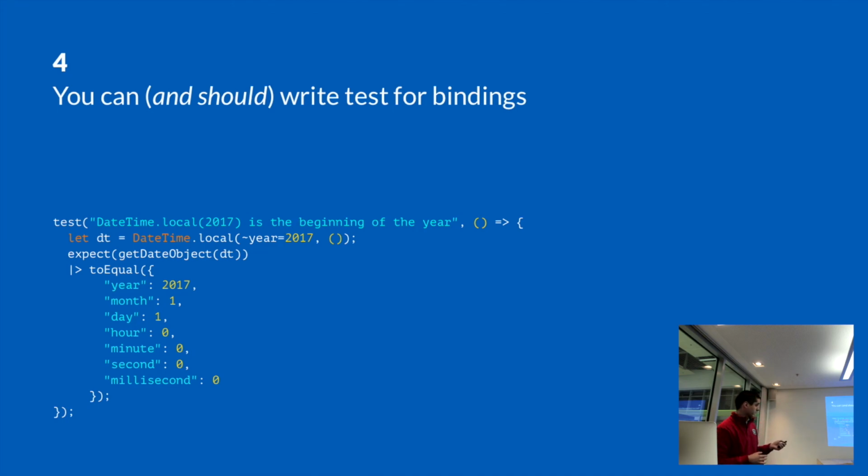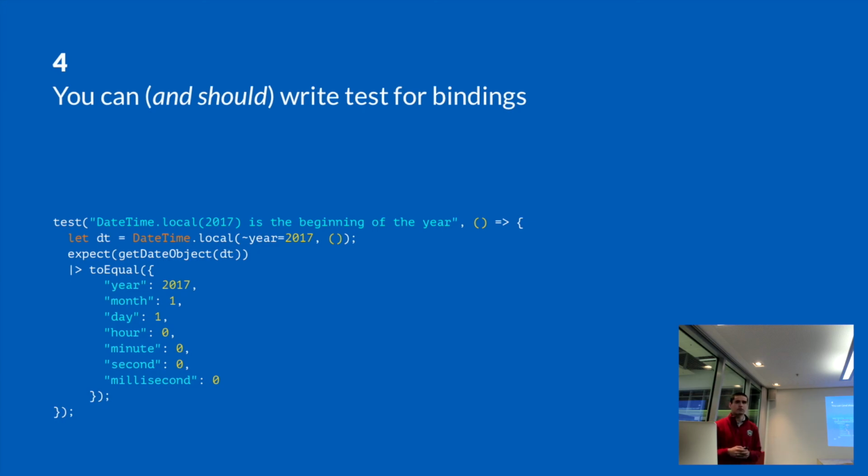So Luxon actually already uses Jest for their unit testing. So what I did is I copied their tests. I used BS Jest, which is a set of Bucklescript bindings for Jest. And I just replicated all of their tests with my bindings API, and provided their tests pass against my API, it means that my bindings work.